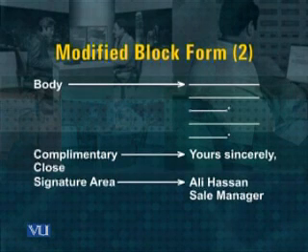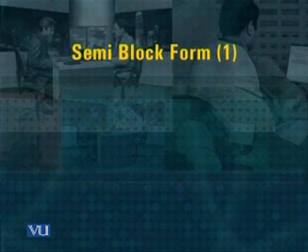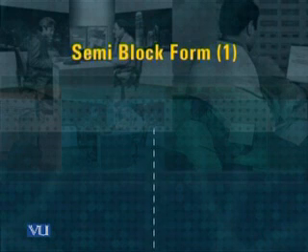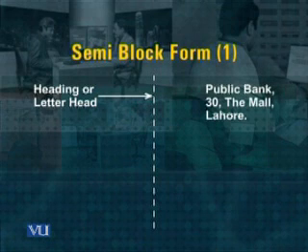I was talking about one layout, and that is semi-blocked form. In semi-block form, the heading is written or started from the horizontal center of the page. I mean, take one page and we start from the center of the page towards the right hand margin, and normally each line of the address ends at the right hand margin.